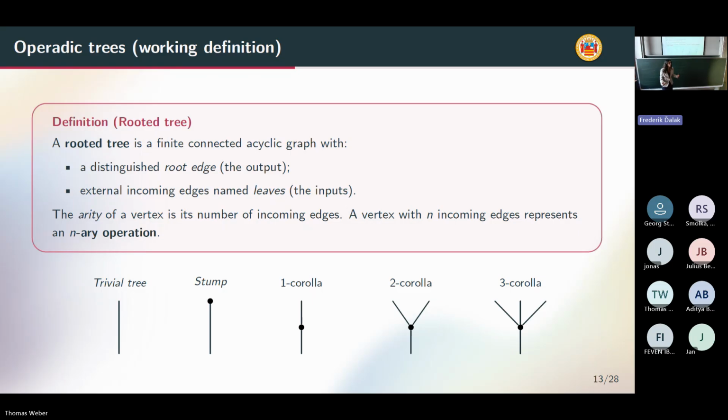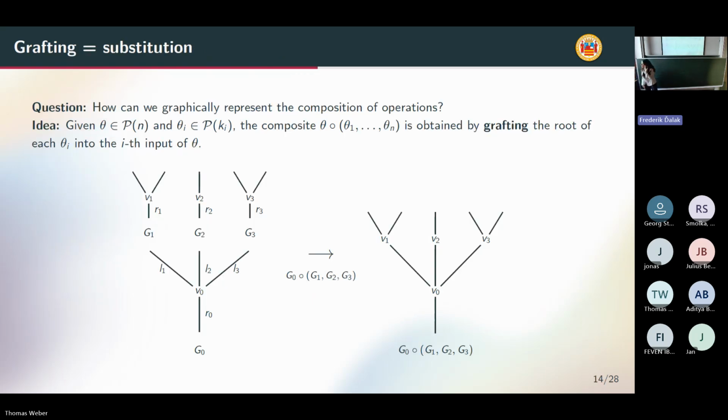And then by composing them, we can obtain bigger trees and more complex ones. And trees are not just pictures, but they can be composed in a precise way. And we can define a composition of trees, which is by grafting. Here, composition is just grafting. When you have a tree G0, then you can compose it with other trees.